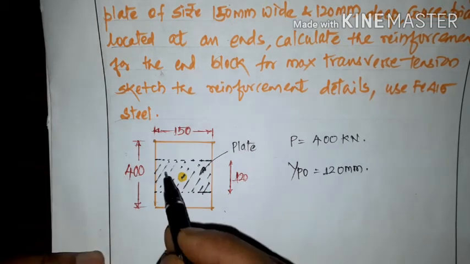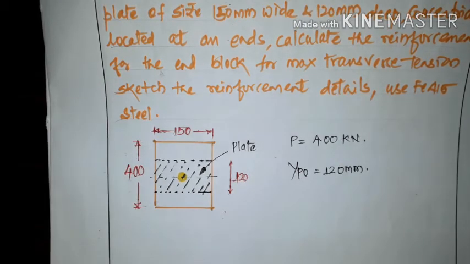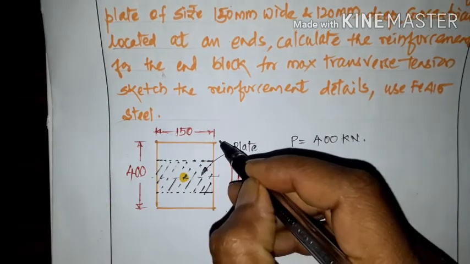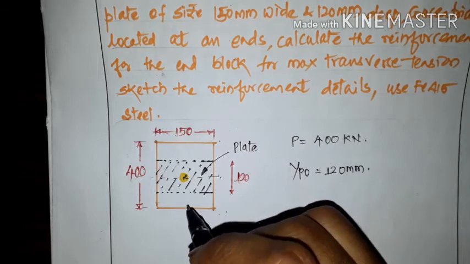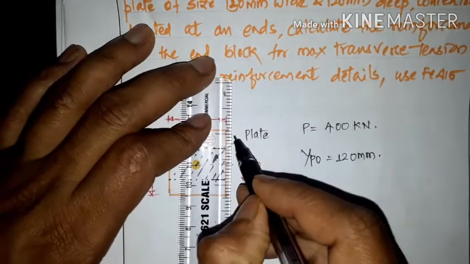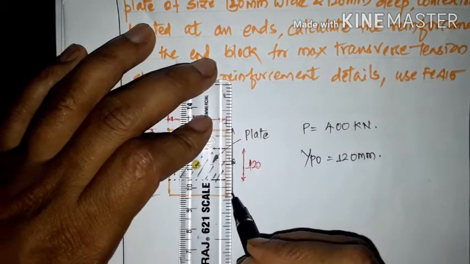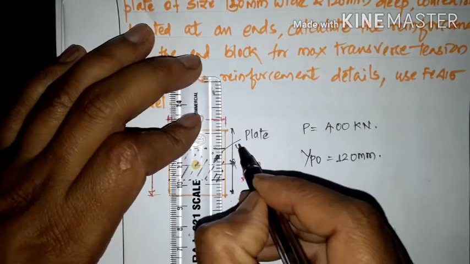As I told you, when it is concentrically located, this distance is called y1 and again from here to here is y1.